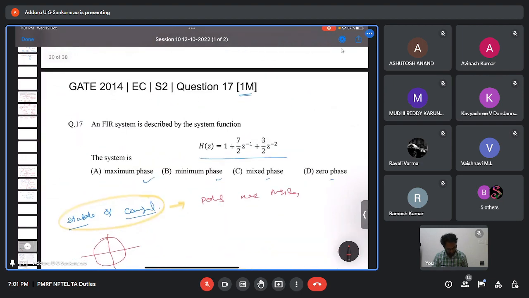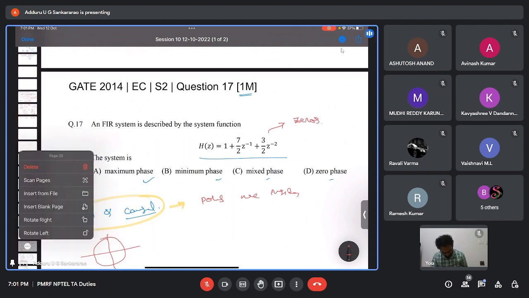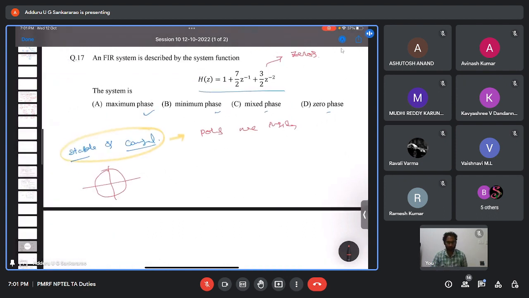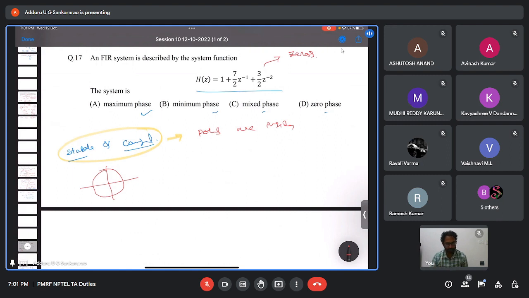Now if we come to the question, when a system is described by the transfer function, we need to find out the zeros for this. Based on the zeros, we will comment on whether it is a minimum phase system or maximum phase system. What are the zeros for this transfer function?